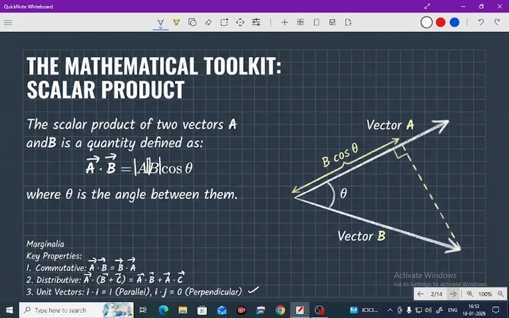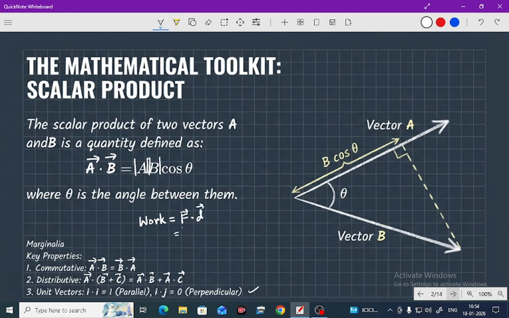So the scalar or dot product of two vectors is always a scalar quantity, just as work. I already told you that work is a scalar quantity as it is the dot product of force and displacement.